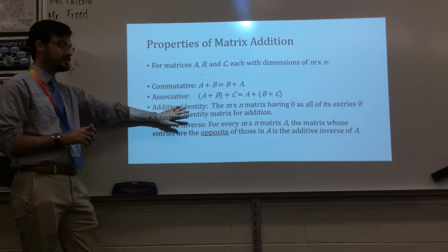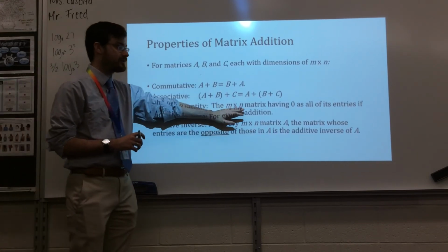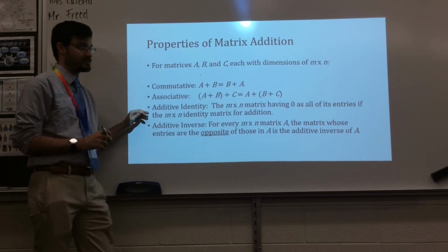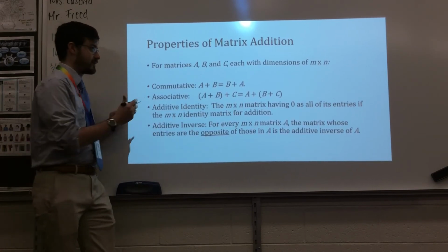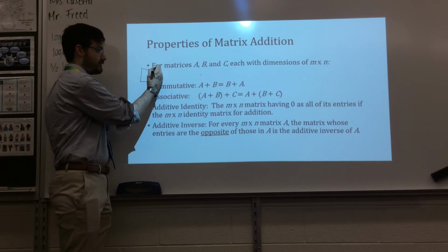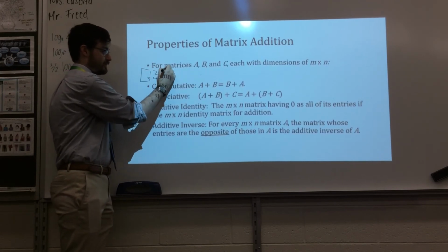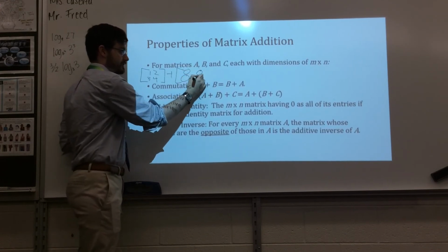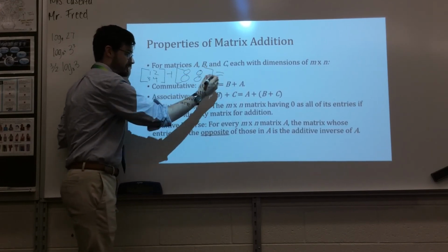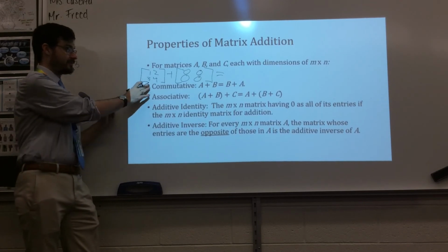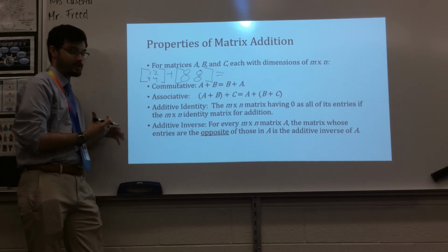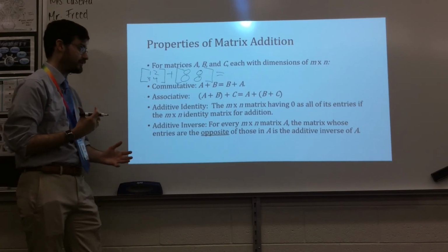Our additive identity would be a matrix that has 0 in all of its entries and has the same dimensions. So let's think about this. If I have a matrix 1, 2, 3, 4, and I add the matrix 0, 0, 0, 0 to it, am I going to end up with anything different than 1, 2, 3, 4? I will not. So that's how our identity is working in here.